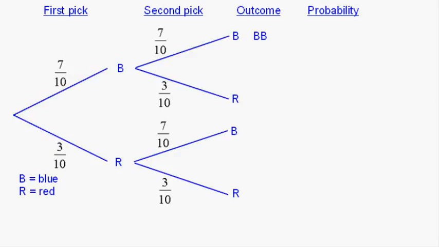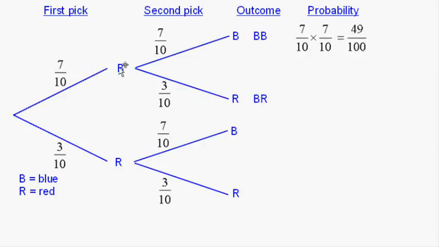Well, the outcome of this first branch is blue and then blue, so I've labelled it BB. And the probability is 7/10 times 7/10 because it's blue and blue. And if you remember, when you're ANDing 2 things, you multiply them together. That gives us 49/100.